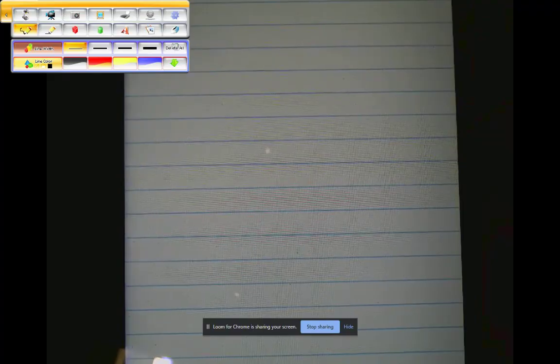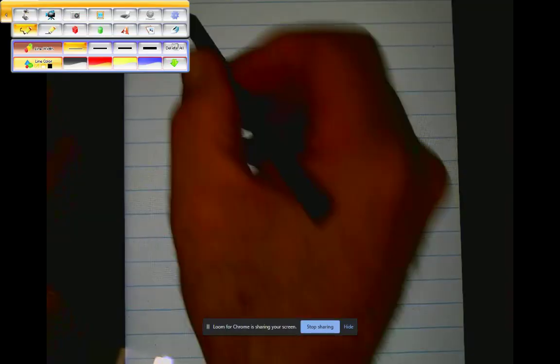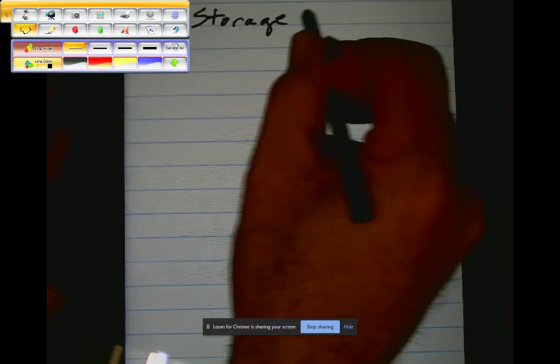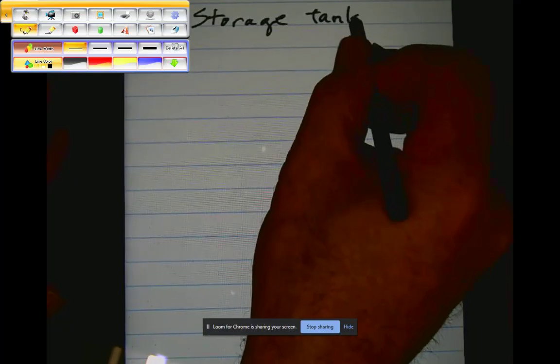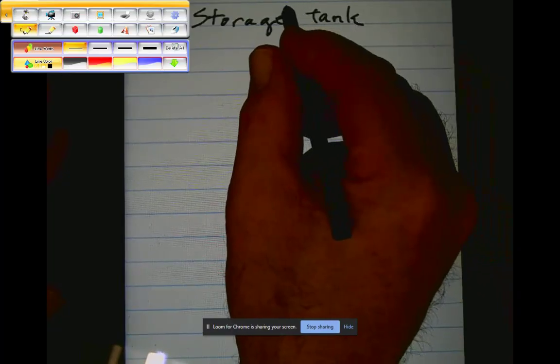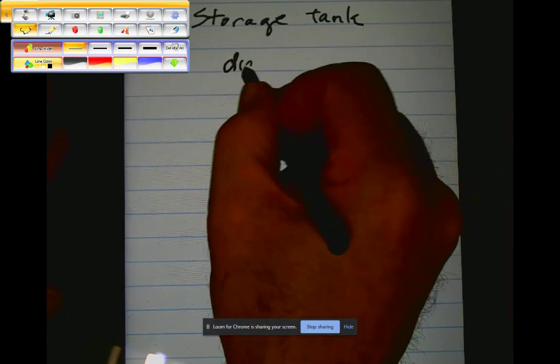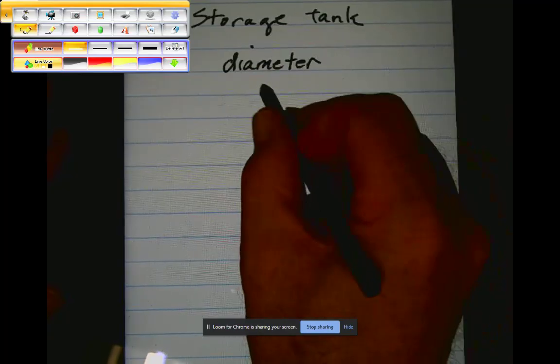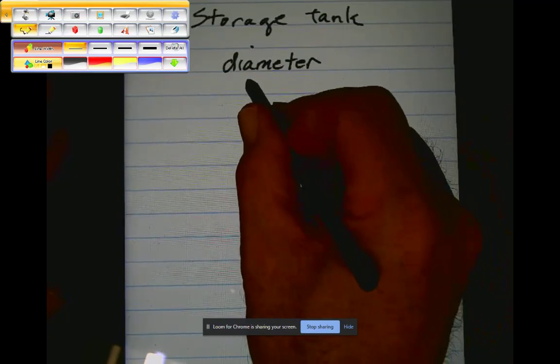And so let's say I have a prism. Let's say it's a storage tank. And the storage tank has a diameter of 50 centimeters.